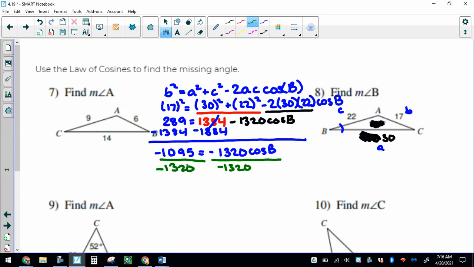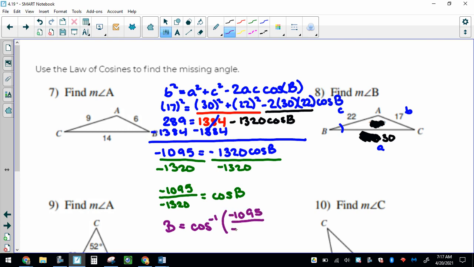It's one of the very few times I'm ever going to say this. So negative 1095 over negative 1320 equals cosine B. And for the last step, we can take inverses. So B equals cosine inverse of negative 1095 over negative 1320. Calculator magic. And we get 33.95.